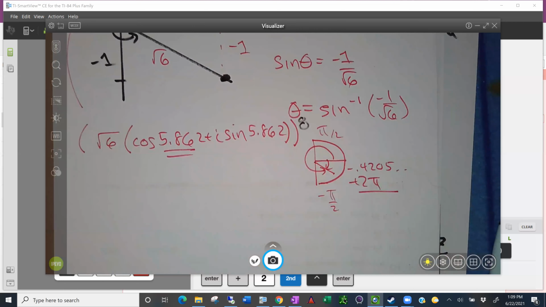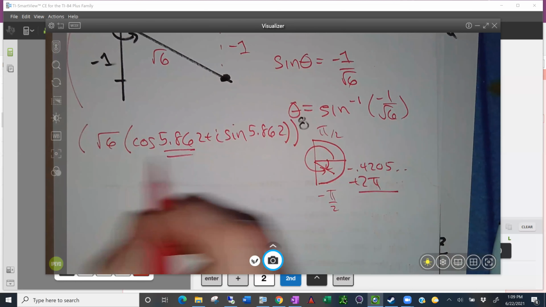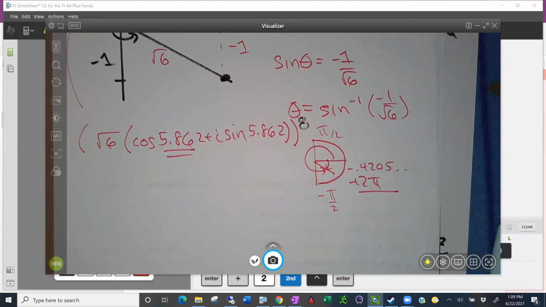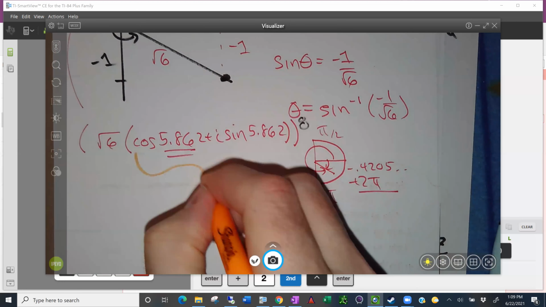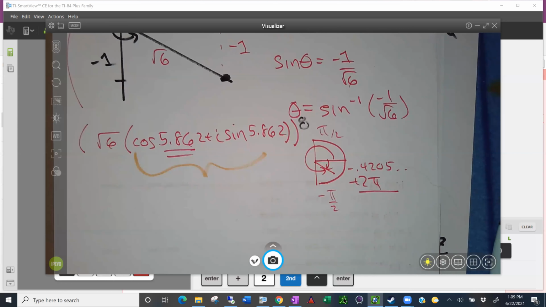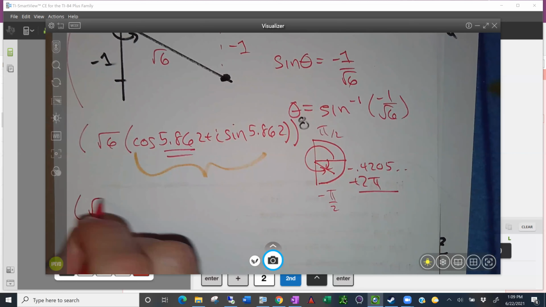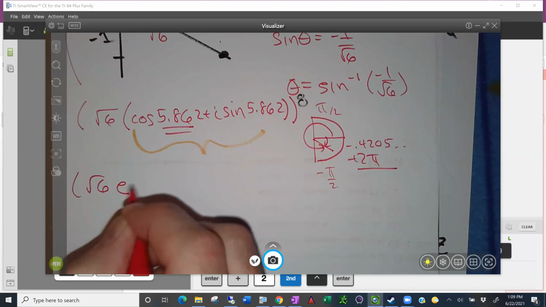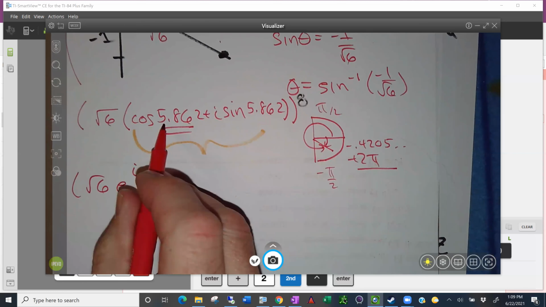Now, it might be easier for us if we wrote this part in exponential form, right? So how would I do that? Well, that's just going to be square root of 6 times e to the I times 5.862.